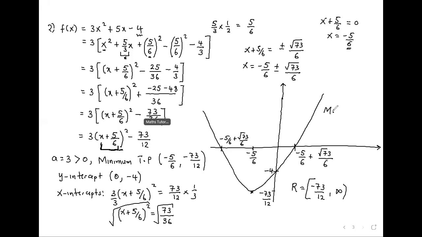The minimum value is going to be -73/12. Find the line of symmetry. Line of symmetry, x is -5/6. Show the line of symmetry. You put a dotted line here. This is the line of symmetry.